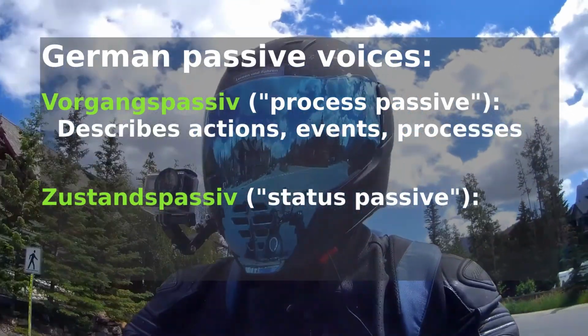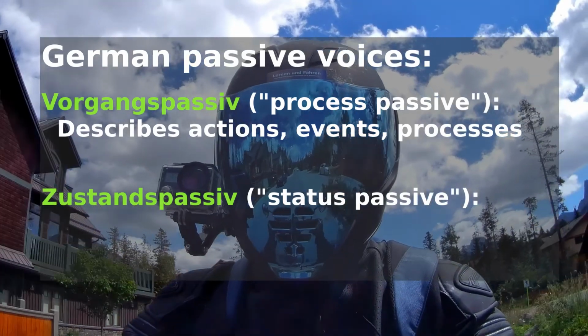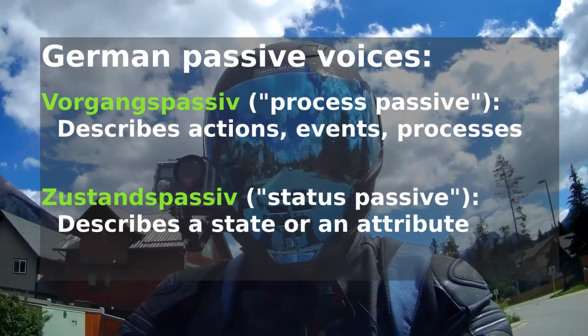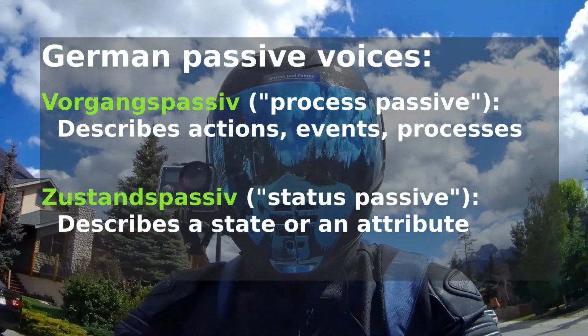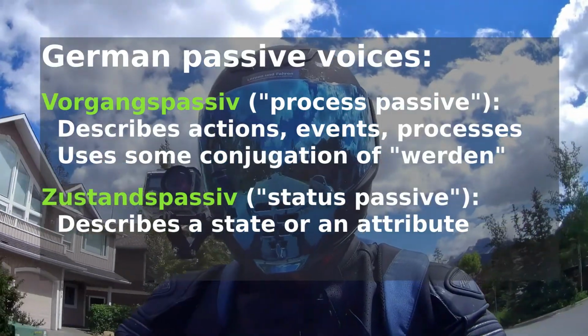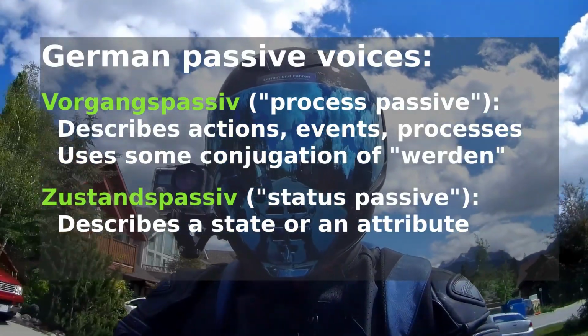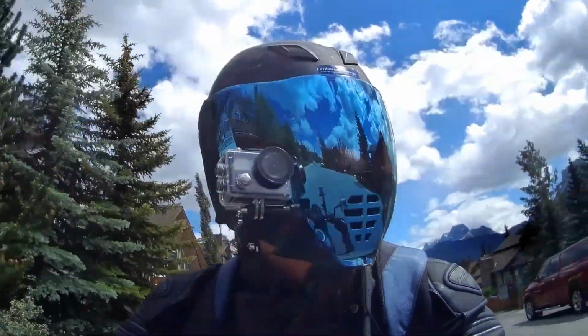Vorgangspassiv is about talking about events or processes or actions, things that happened, whereas Zustandspassiv is about talking about the end result of some action or process. You're describing the quality or state of something, so Vorgangspassiv will always use some conjugation of werden, and Zustandspassiv will always use some conjugation of sein.